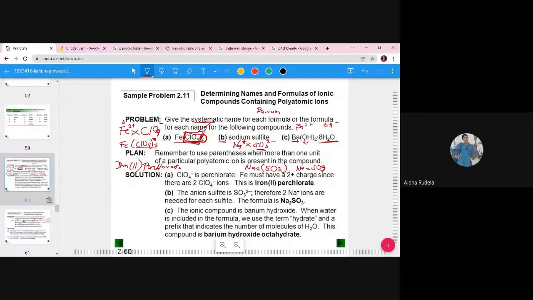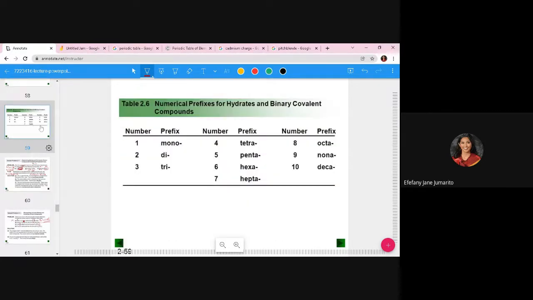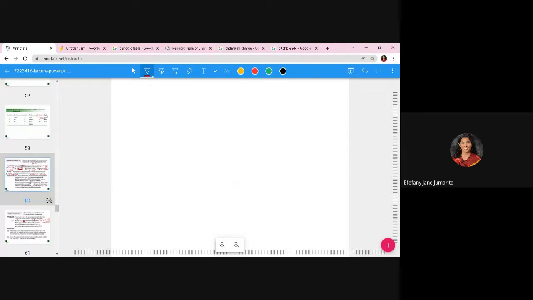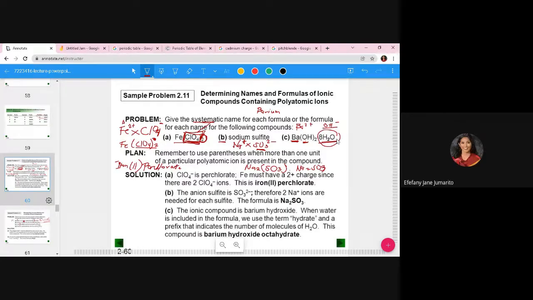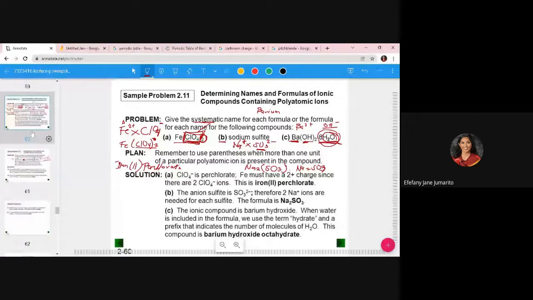Octahydrate, the 8. Octahydrate, the H2O is hydrate. So that is barium hydroxide octahydrate. Okay. We're almost done with the class.